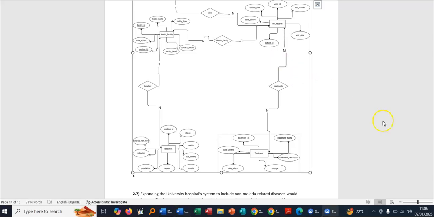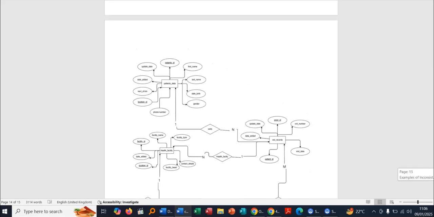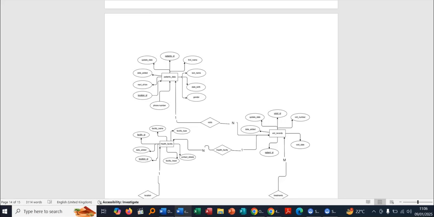Now, to connect my entities well and make sure that they were operating properly, the relationship between each of these entities was named.